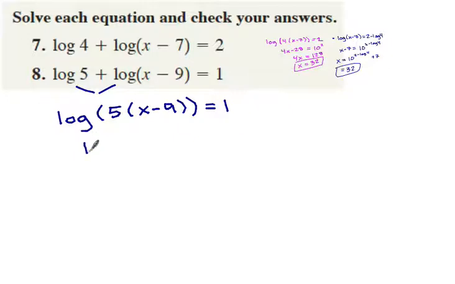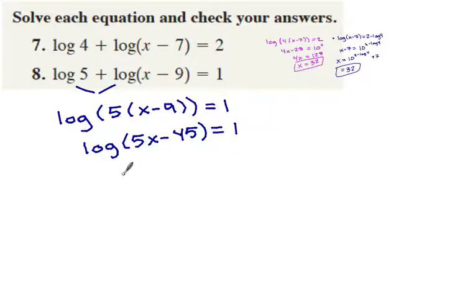So this simplified out is going to become log of 5x minus 45 equals 1. Okay. We're in exponential form. My base is 10.